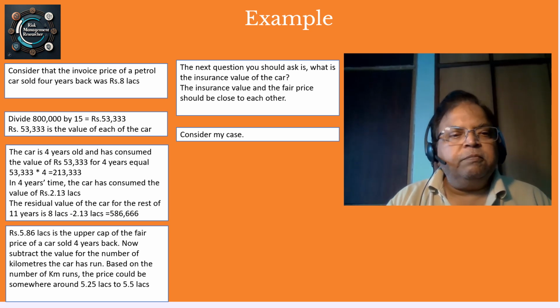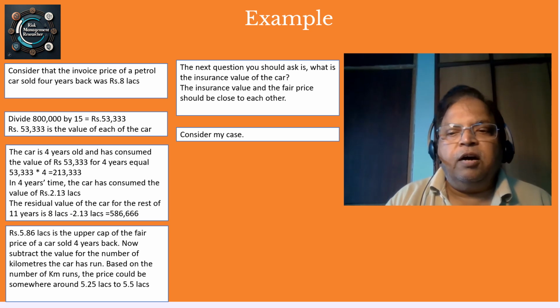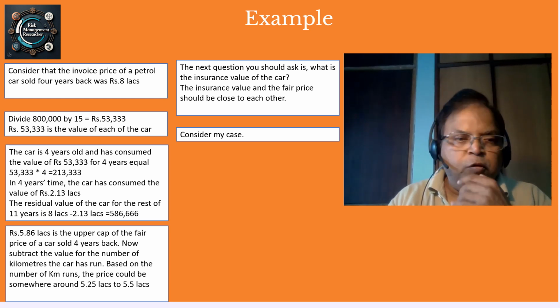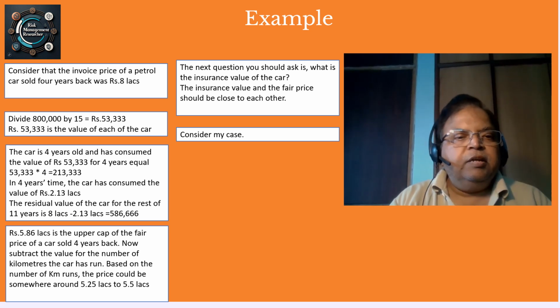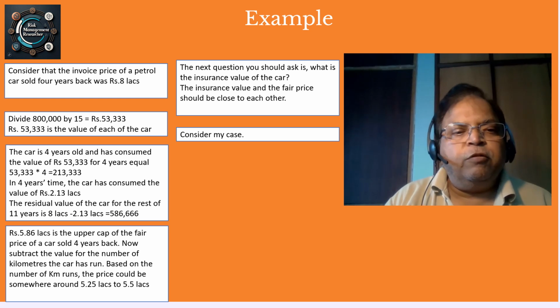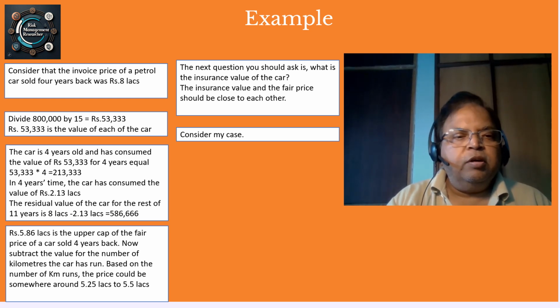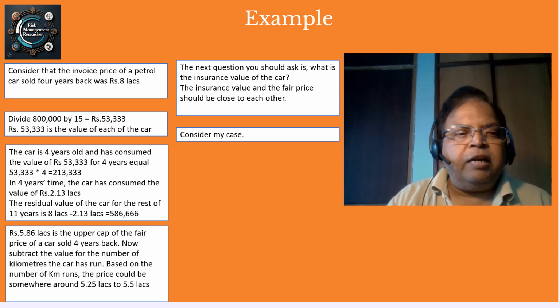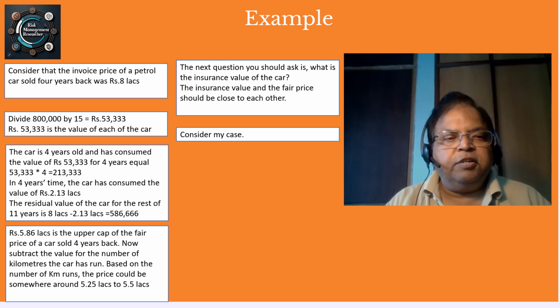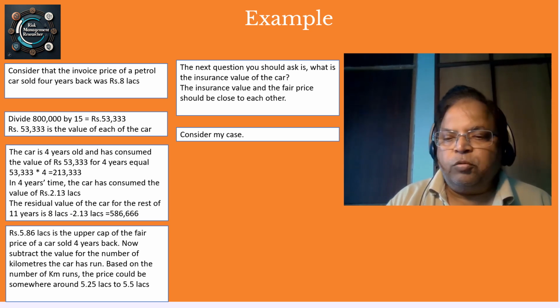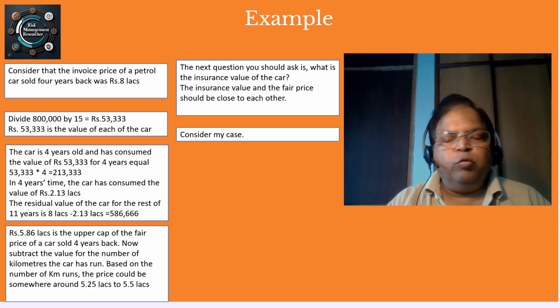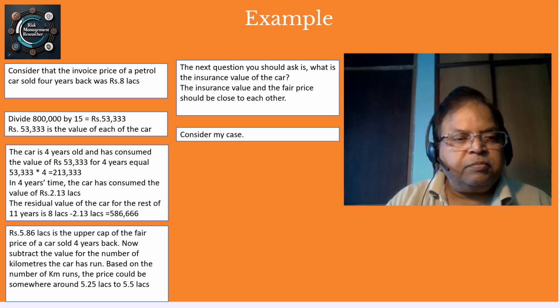This is the value of each year of the car that is going to be consumed over a period of time. Now the car has run for 4 years, so it is 4 years old. So the consumption of value in the 4 years is 53,333 multiplied by 4. That comes out to be 2.13 lakhs.